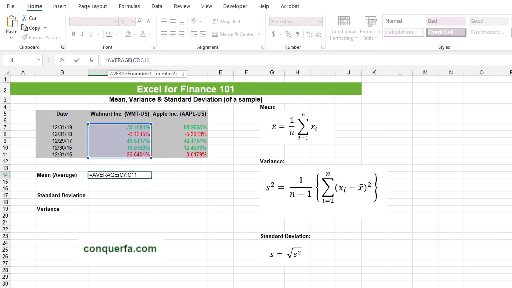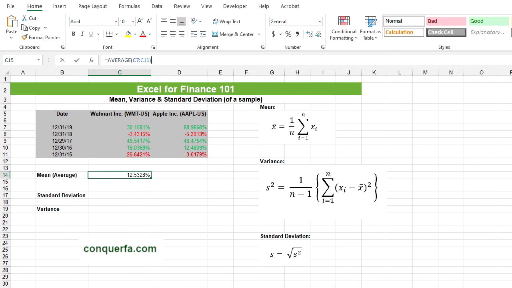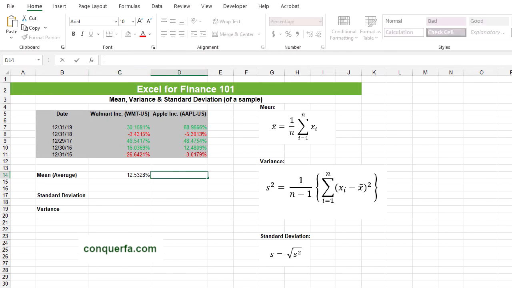So C7 to C11, and then we'll close the bracket and press enter. And that's going to calculate our mean of 12.53%.